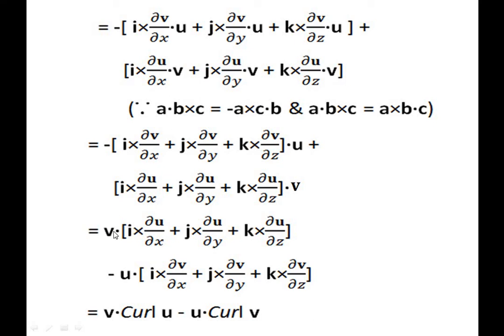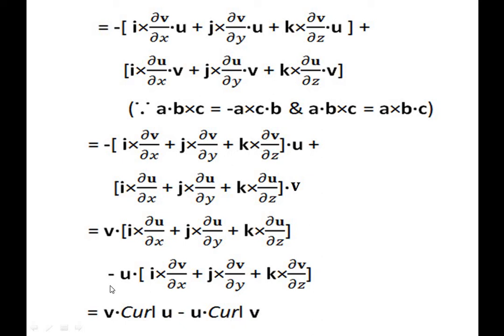Then we get v dot (i cross ∂u/∂x plus j cross ∂u/∂y plus k cross ∂u/∂z) plus minus u dot (i cross ∂v/∂x plus j cross ∂v/∂y plus k cross ∂v/∂z). Look at this expansion, i cross ∂u/∂x plus j cross ∂u/∂y plus k cross ∂u/∂z, which is the curl of u, and this is the curl of v. Then we get v dot curl u minus u dot curl v.